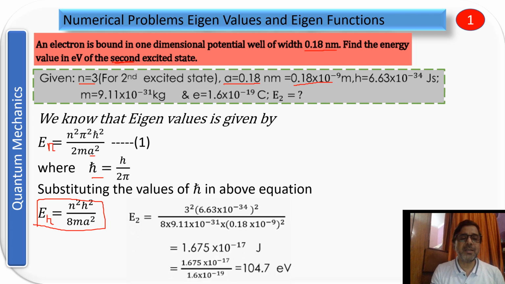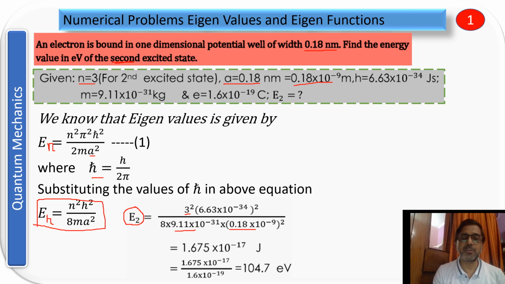So now let's substitute the values. We have to find the second excited state, so the value of n is equal to 3. So n equal to 3, and 3 square, h the Planck's constant, 8, mass of the electron, into the width of the potential box.